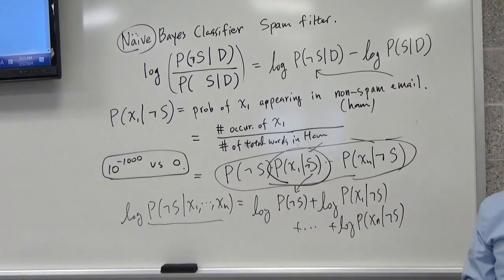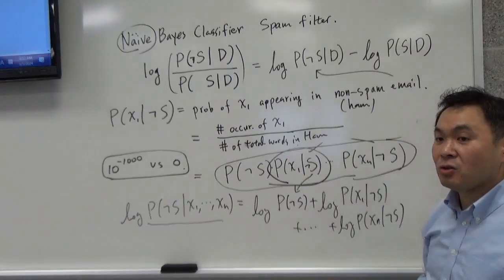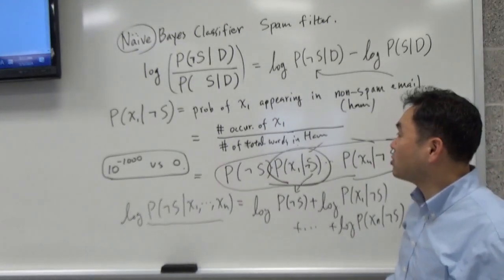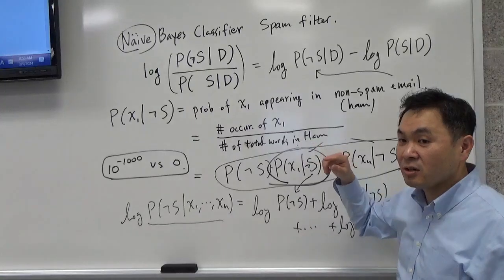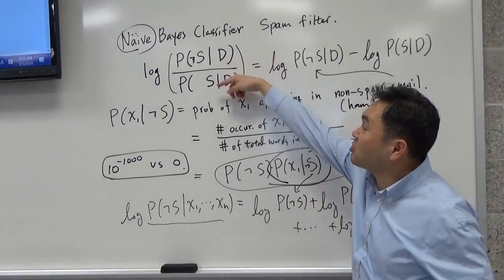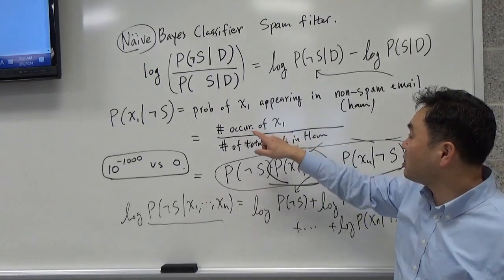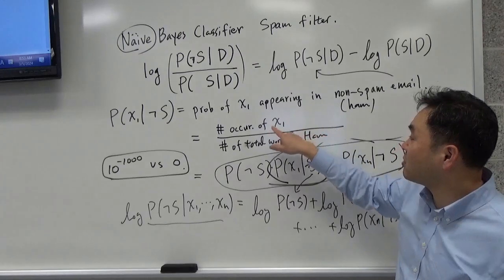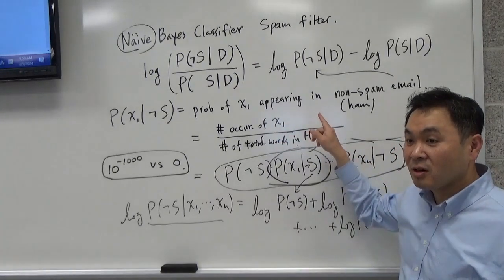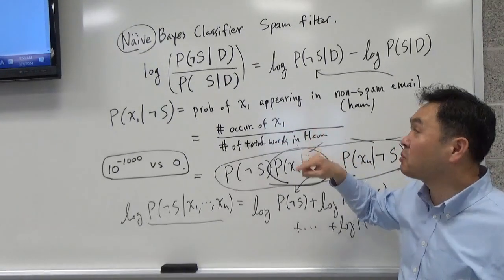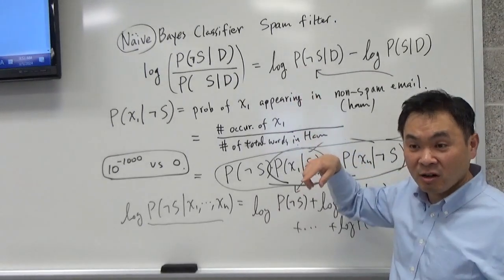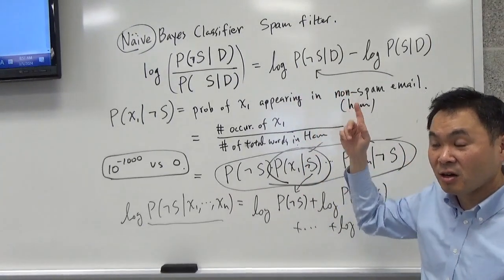But wait, this has some kind of danger. To have a fair comparison for both, you need to have P of x1 for spam and P of x1 for non-spam, even if the word only appears in one of the cases, okay?